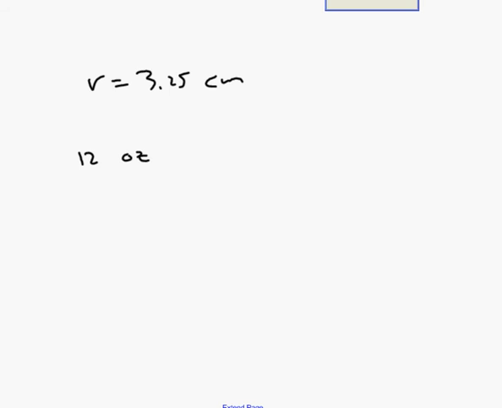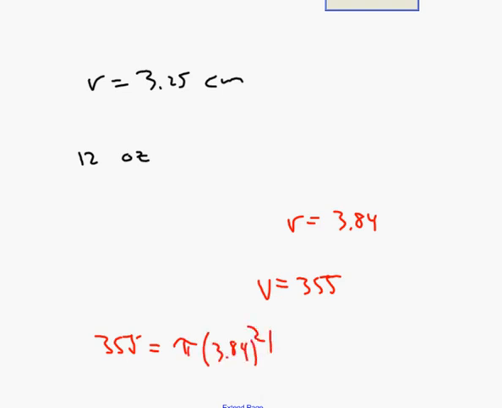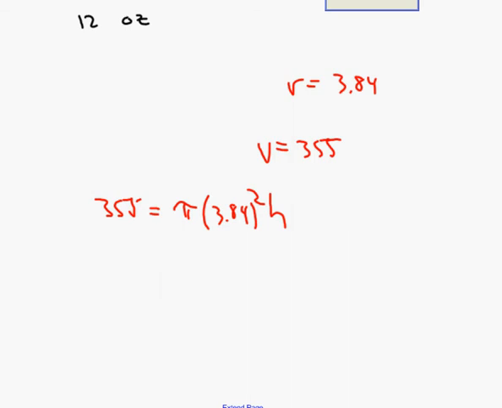There's lots of considerations. One more fun thing, if you consider the idealized answer, we had a radius, I think, of around 3.84, right? We knew the volume was 355. If you plug that into the volume formula, you get 355 equals pi r squared, 3.84 squared, times h.